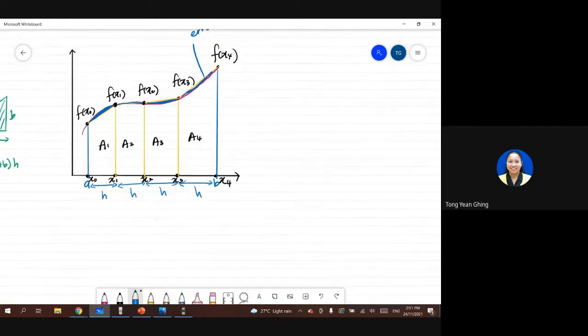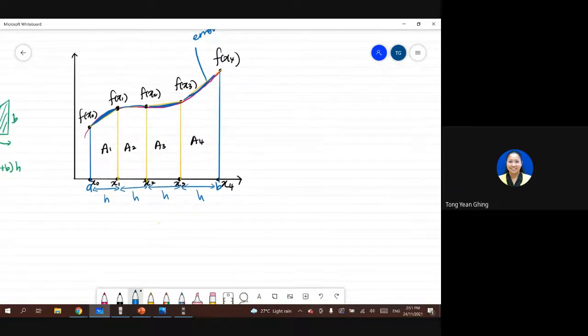Now let's combine and find the total area. So I have to take the value of A1. A1 will be half times the width, since the distance from x0 to x1 is x1 minus x0, that is h.